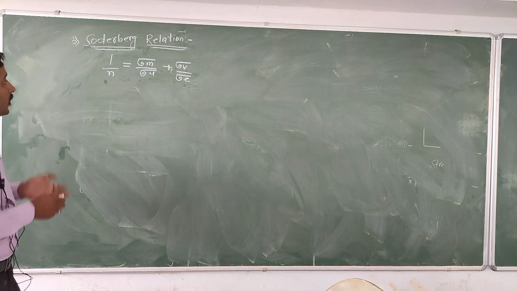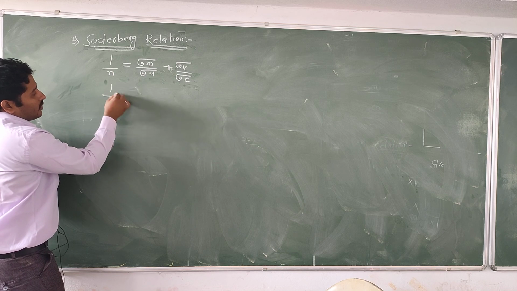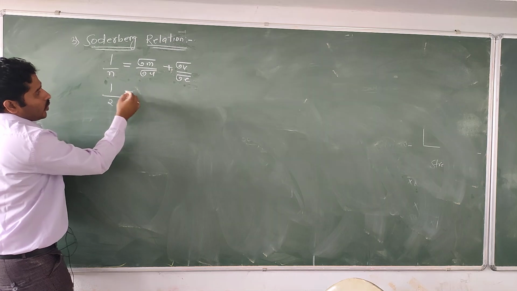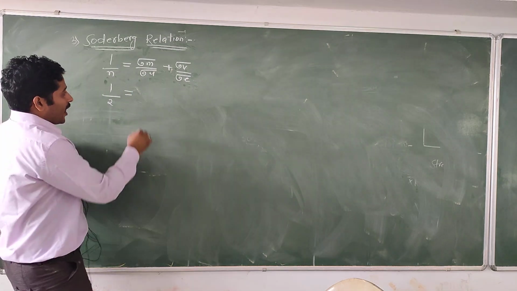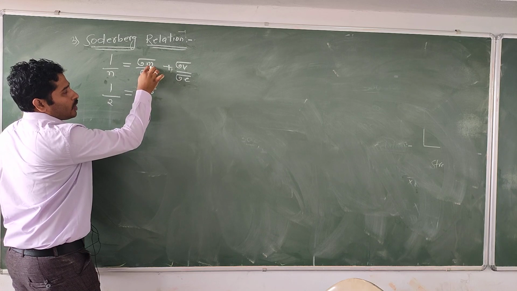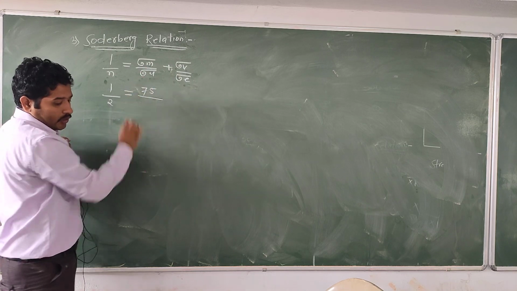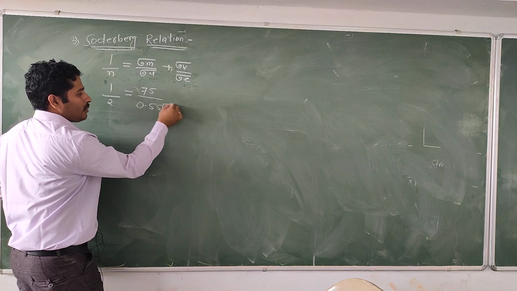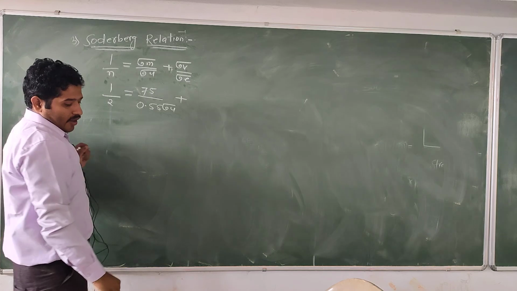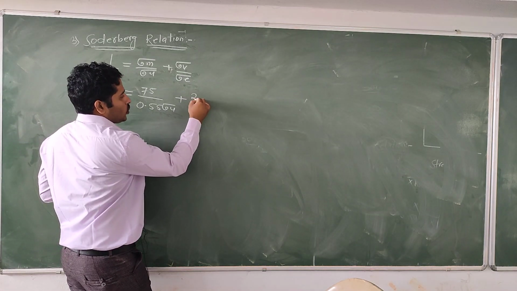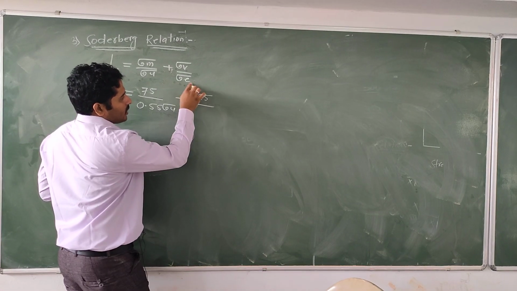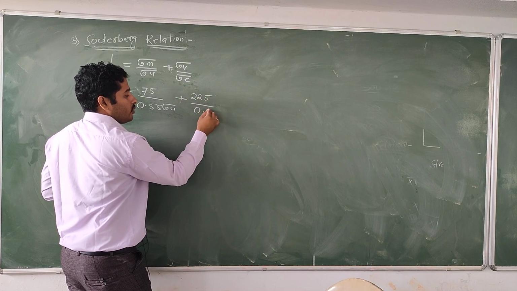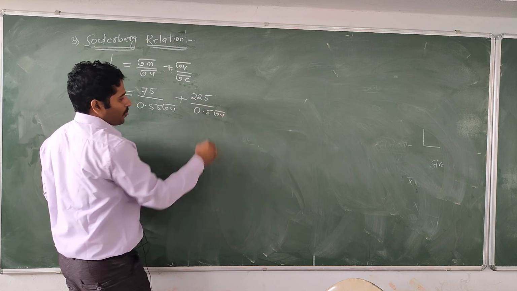Then 1 by n, the factor of safety, is given as 2, so 1 by 2 equal to the mean stress. We got the value 75 mega Newton per meter square, by 0.55 ultimate strength, plus the variable stress 225 by sigma e, which is 0.5 sigma u.